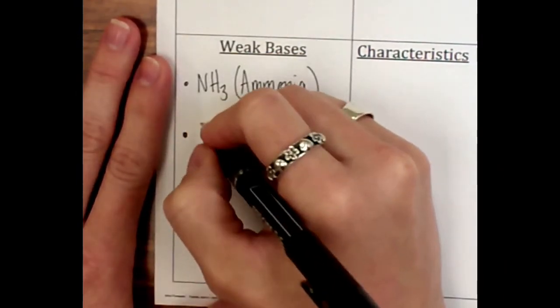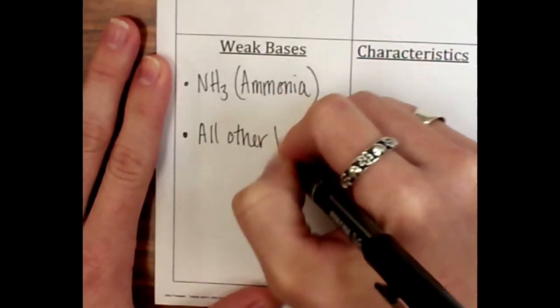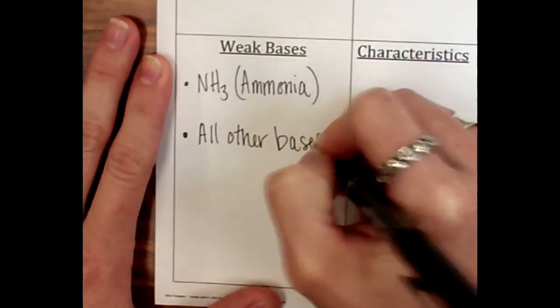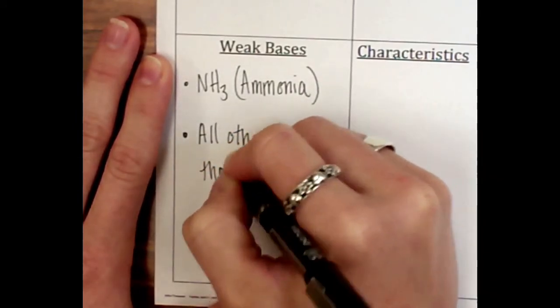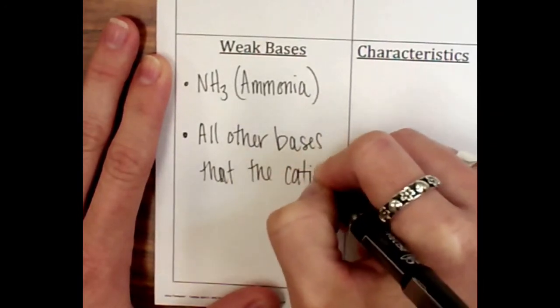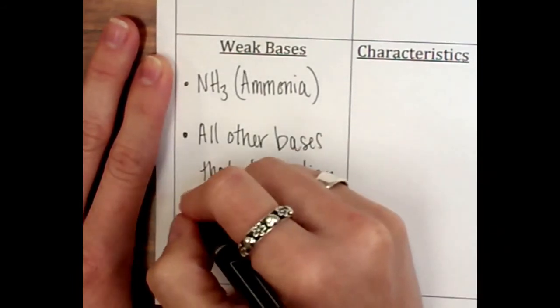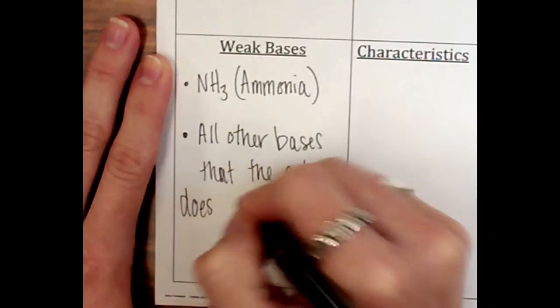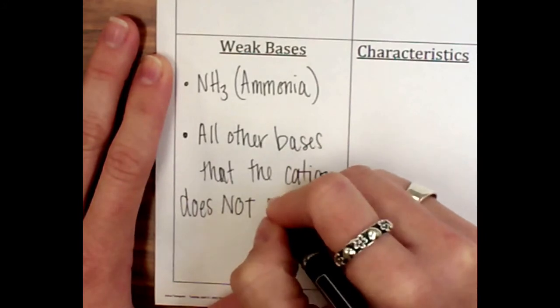So how do you know if it's a weak base? It's going to be all the other bases where the cation does not come from groups 1 or 2.